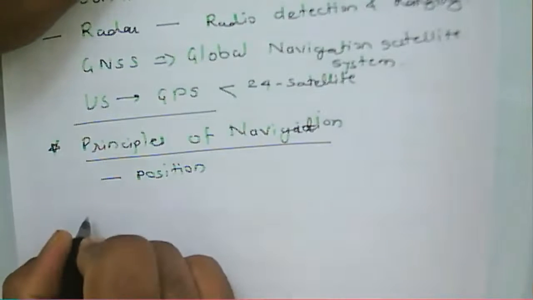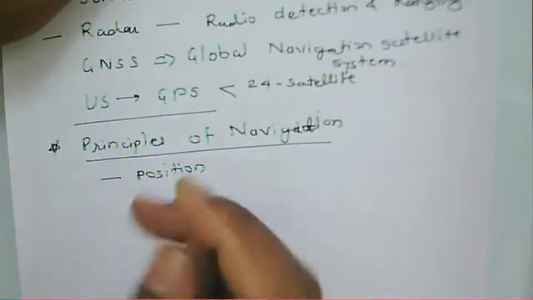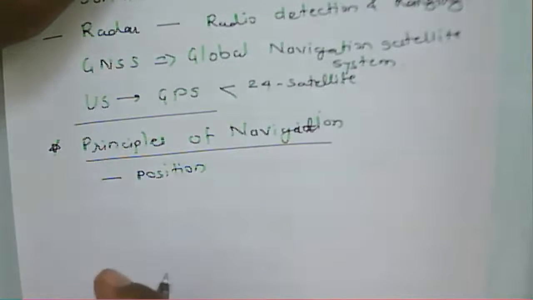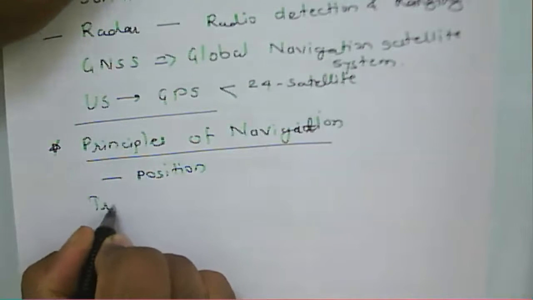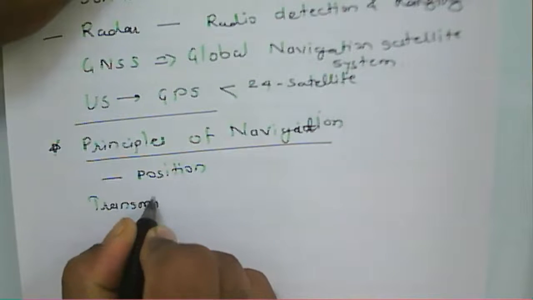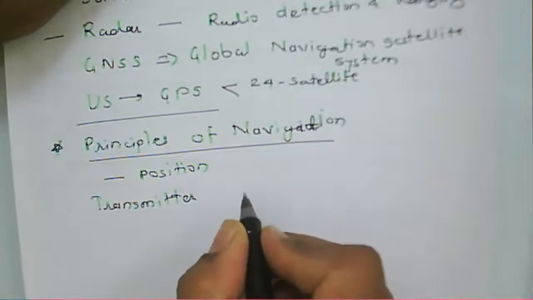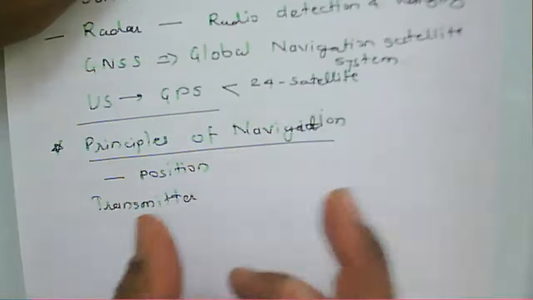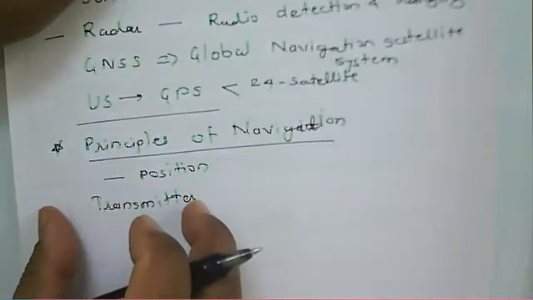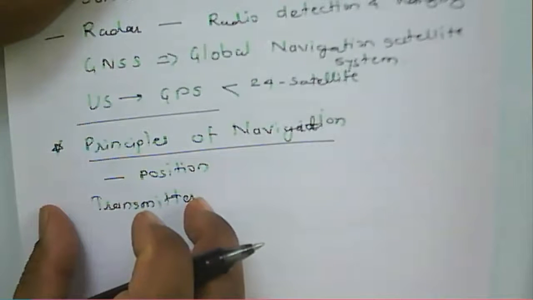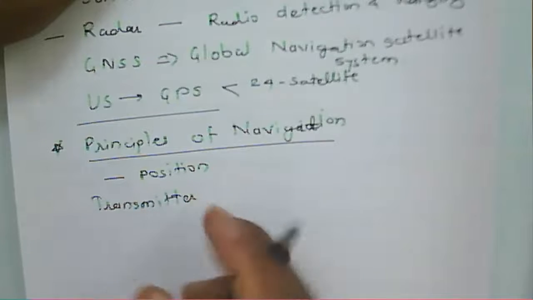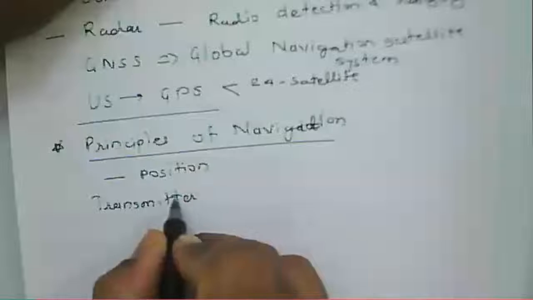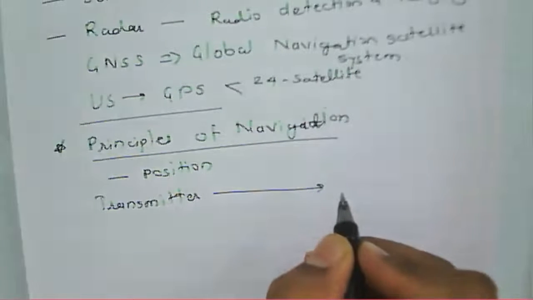To obtain that position, we need to use a transmitter, which is somewhere at some particular position, and then we need to communicate with this transmitter.